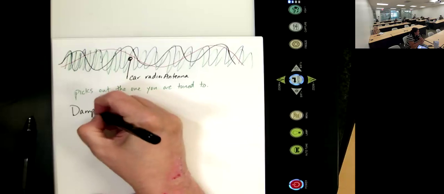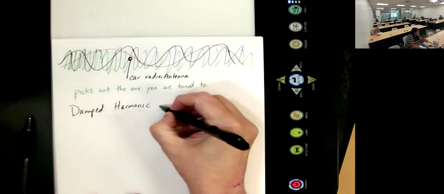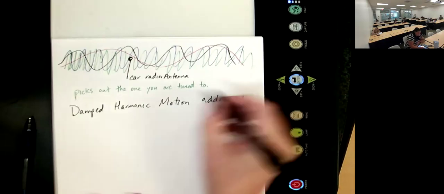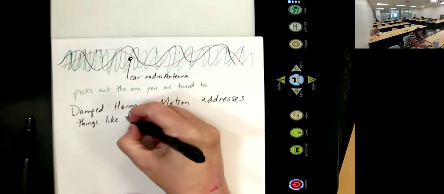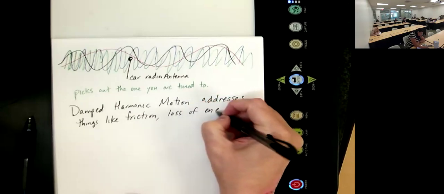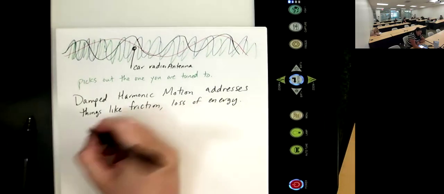Damped harmonic motion addresses things like friction, loss of energy for other reasons. And this is why if you were to do the spring, eventually it slows down and gets to balance again, right? It's not gonna keep going forever.